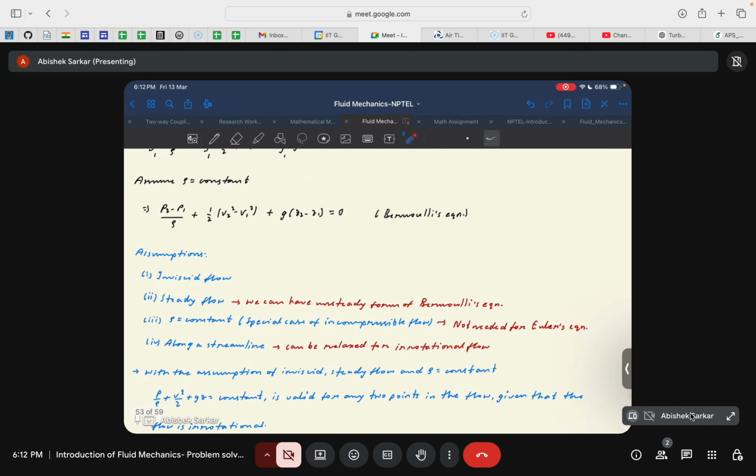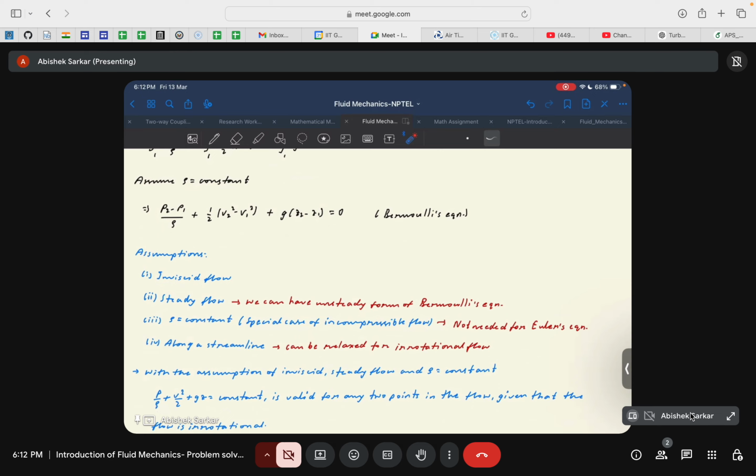Secondly, this form of Bernoulli's equation, unless specified, is this equation. As I wrote here, there are unsteady forms of Bernoulli's equation as well, which we'll eventually see today. But unless mentioned, Bernoulli's equation means this equation without the unsteady term. So the flow has to be steady.